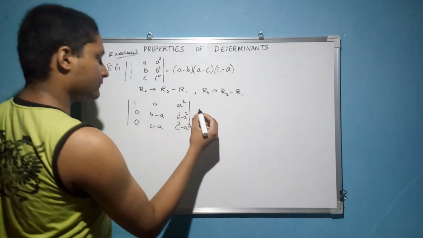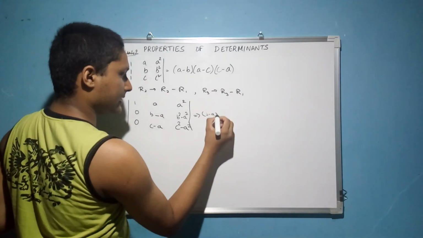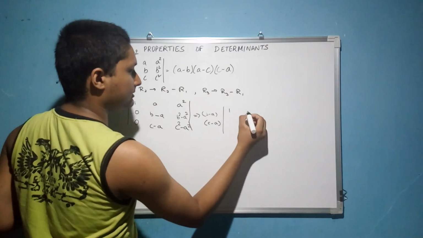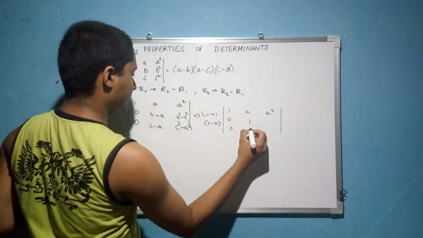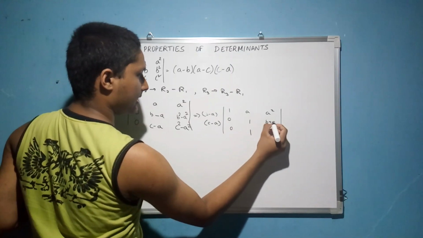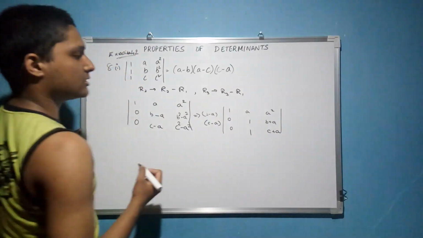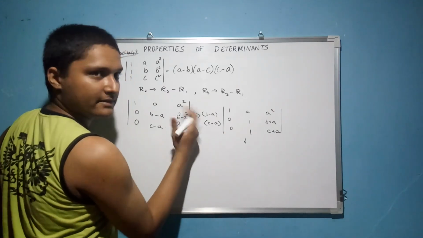So what do we get here? So b minus a I have taken outside from the second one, and c minus a I have taken from the third one. This is 1 a square, and then you have 0 0 1 1 b plus a and c plus a. Okay, this is all about this. Now we need to just expand this determinant, leaving these factors.